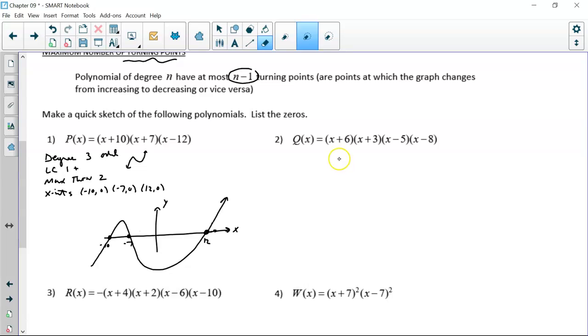For number 2, the degree, count up the x's. There's 4 of them. 4 is even. Leading coefficient is a positive 1. So for the turning points, 4 minus 1 is 3. Now our x-intercepts, the zeros: -6, 0, -3, 0, 5, 0, and 8, 0.